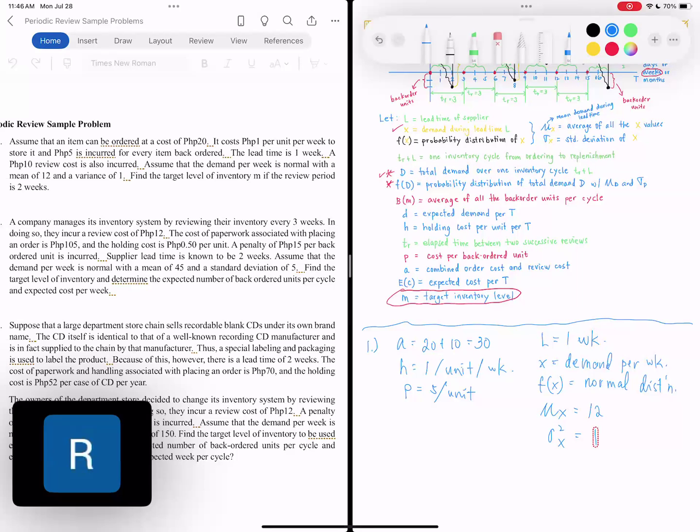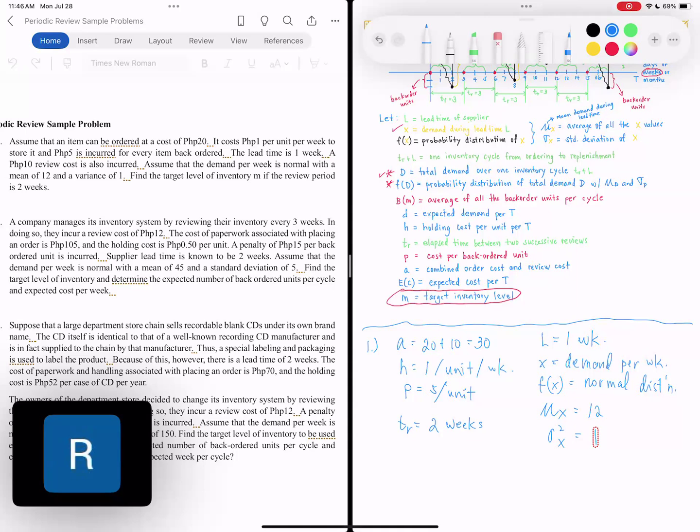Okay, so you're now asked to find the target level of inventory if the review period is 2 weeks. So here, we will now write down review period TR is equal to 2 weeks, meaning you do physical count on your product or products every 2 weeks.